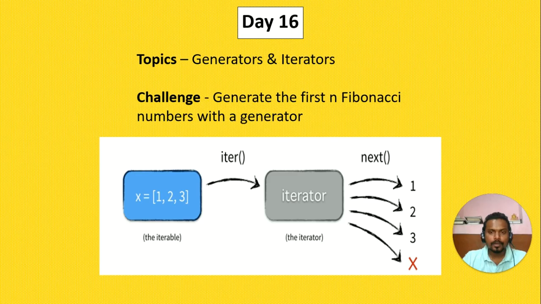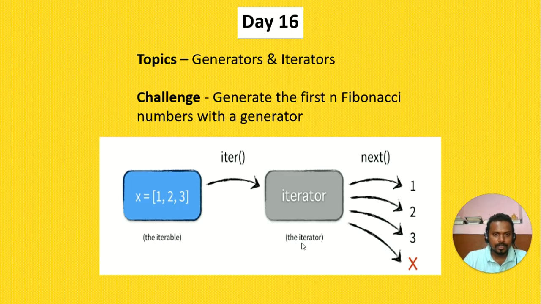You can look at this picture that shows how the functionality of an iterator works. Suppose I have a sequence of items in my list, let's say it's 1 2 3, and I'll be calling each and every item with the iter function.